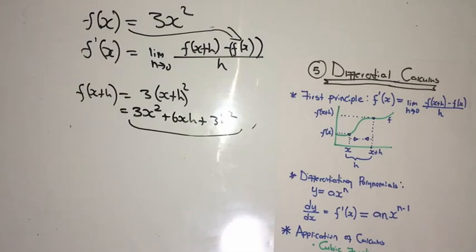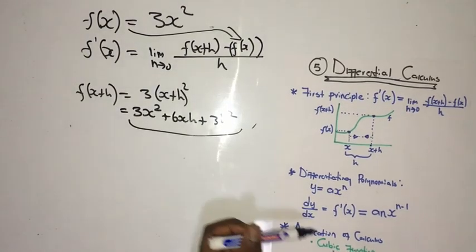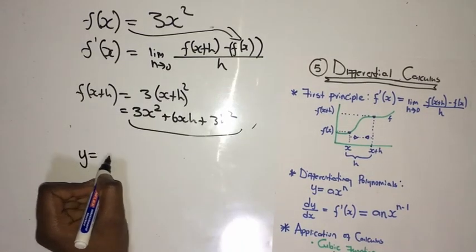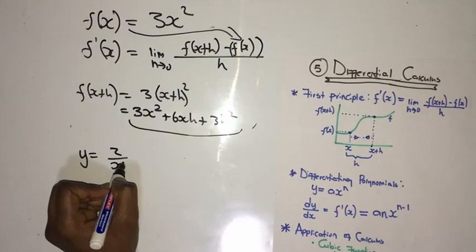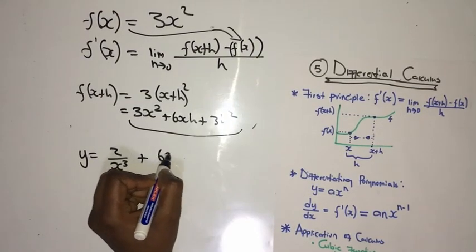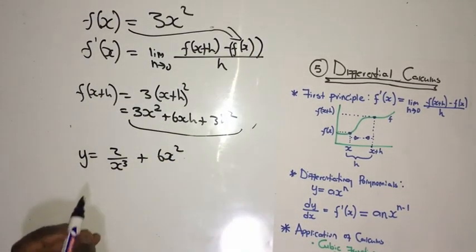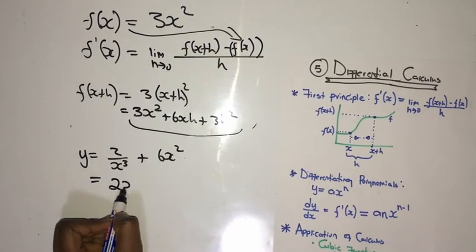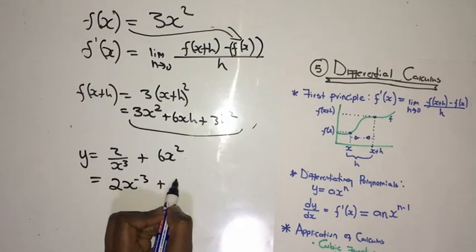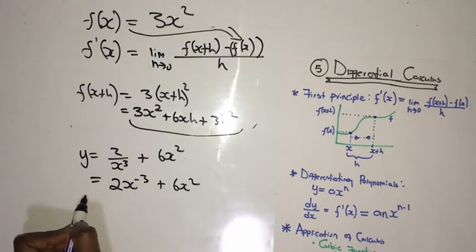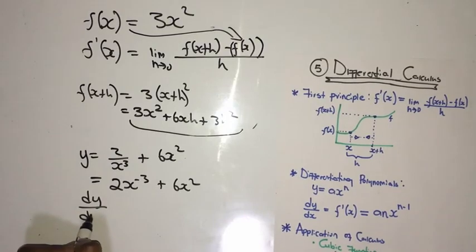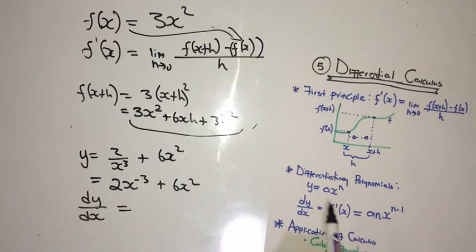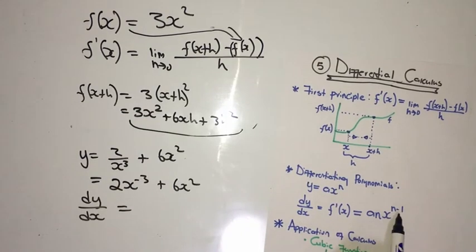All right, another way we might be asked to differentiate a polynomial: they might give you, I don't know, y equals 2 over x cubed, maybe plus 6x squared, and other stuff, and then to differentiate. You can write it in standard form as 2x to the power minus 3 plus 6x squared, and then for dy/dx we know our power rule: multiply by the power n, and then subtract 1 from the power.